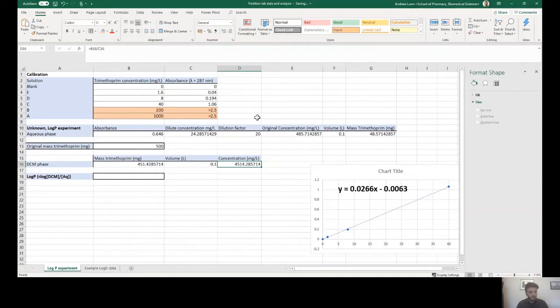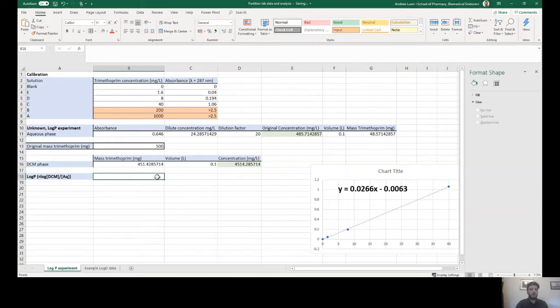Assuming that the trimethoprim was unionized at this pH, what is the log P value? And you can use equation 1 in your worksheets, which is simply just the equation for log P. And the way we're going to do that on here is just using these two concentrations. So this one and this one.